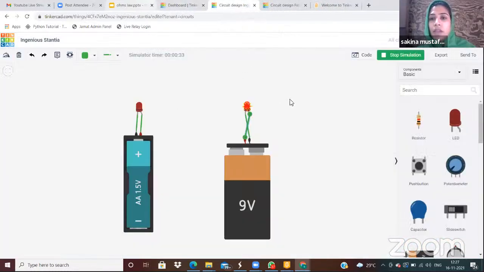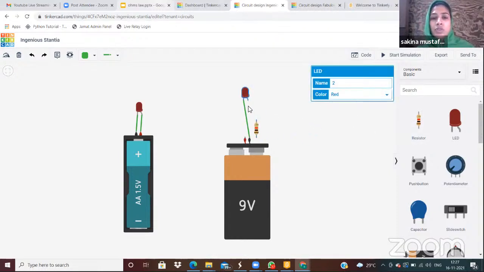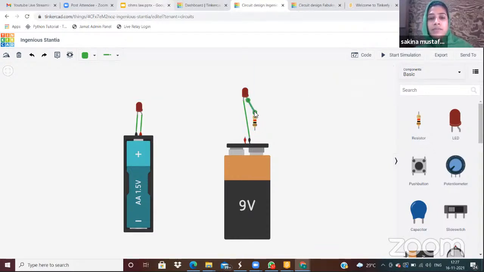So we were here, you have seen that the current is passing too much. I will just stop the simulation and use the resistor. See, I'm using the resistor. For the cathode, I have the negative terminal, but for the anode, I'm connecting one terminal of the resistor with the anode of the LED and the other terminal of the resistor with the positive terminal of the battery, right?